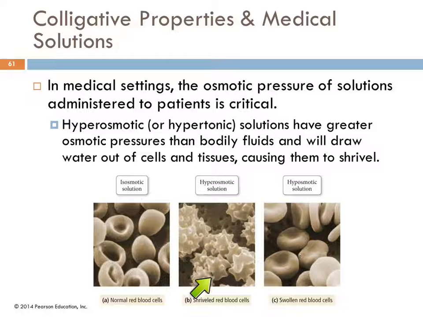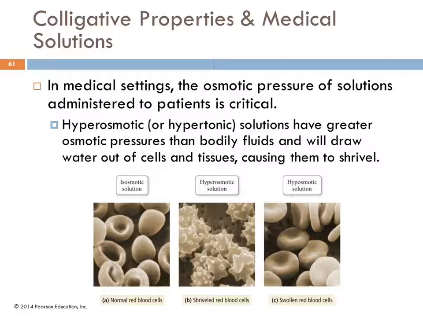And that's not good. If you put in a hypoosmotic solution, like if you were to inject pure water into someone's veins, that's not good because the water's going to flow into the red blood cells. They're going to swell, and if it keeps going on, they're going to burst. That's not good either, right?